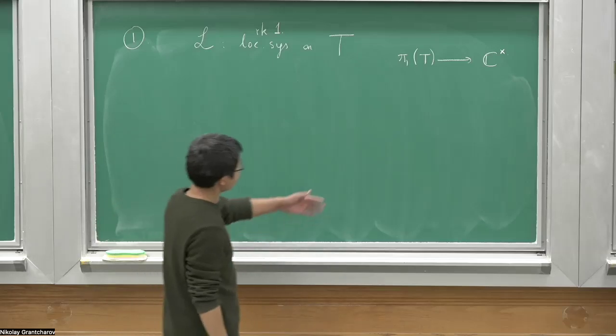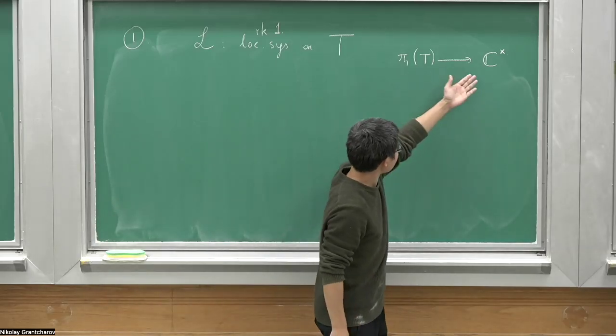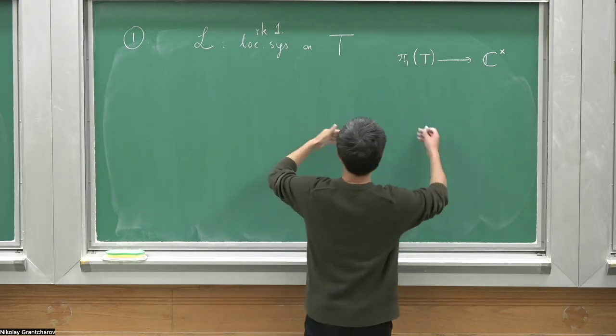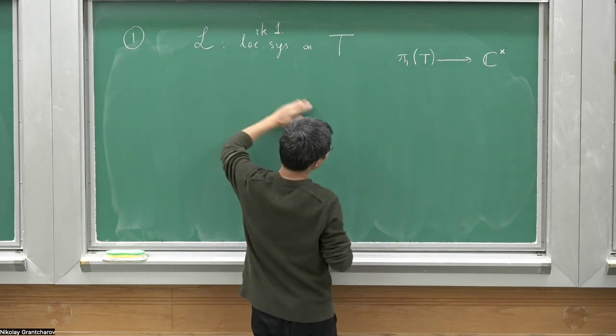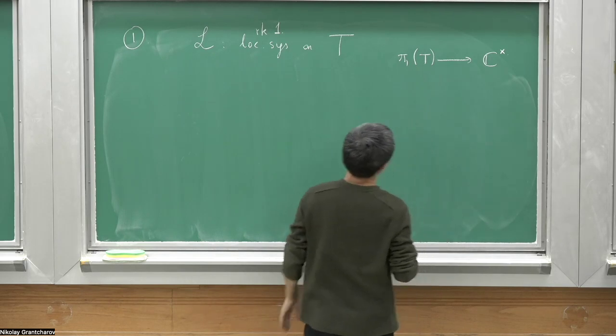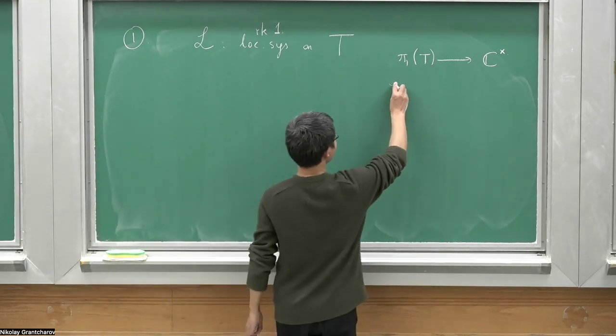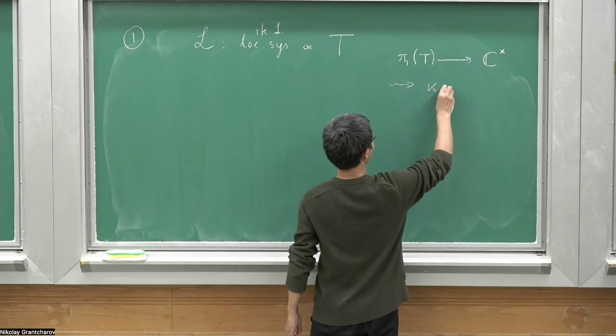You can think of it in this way: it naturally identifies this datum, the point in the dual torus. But you can think either way. So this gives alpha.